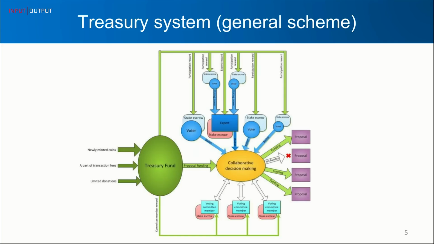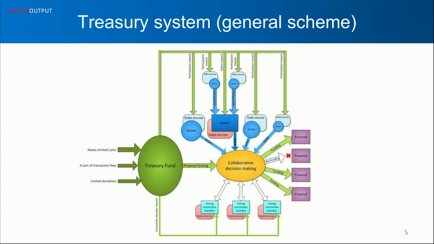Moreover, we provided a full mathematical description of the generalized model and proved within the universal composability framework that the scheme is resistant against different types of adversaries. As I said, the decisions on proposals are made by stakeholders, but not all stakeholders can participate in voting. Only those can who locked some amount of tokens for some period of time.